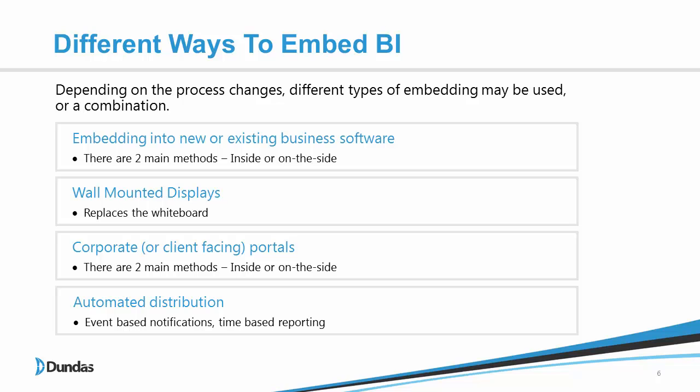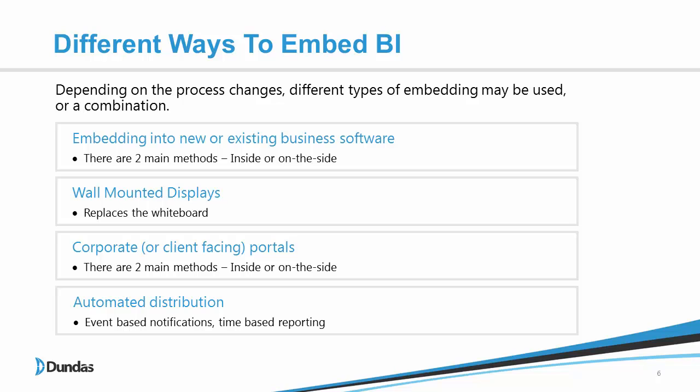And the science behind this is the more often that someone sees something, the more important it becomes to them. So if you focus on 2 or 3 metrics on a large wall-mounted display, those numbers start to mean more to the people looking at them. We want them to be able to walk around the organization, see these numbers all over the place. So in fact, we use these a lot here at Dundas, and they are the most effective way to get people interested and focused on certain numbers.